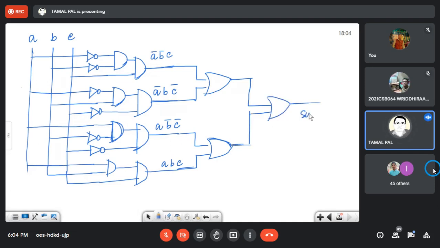This is the expression for sum. You can similarly do it for carry. No problem. Any doubt to understand this?